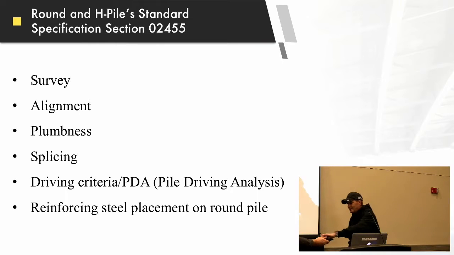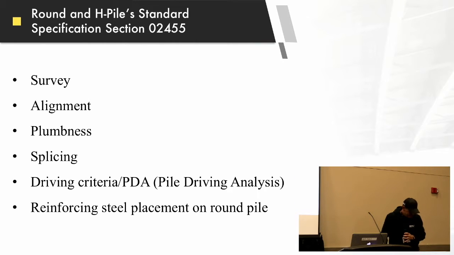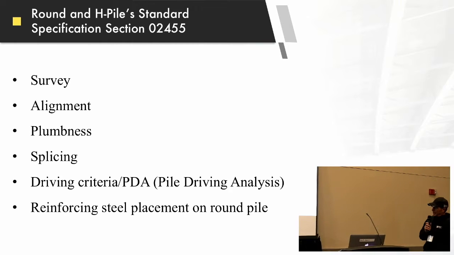Okay. So round piles, H piles, standard specification 2455. First thing you'll have is your survey. They should set you out offsets for your alignment. Then you're going to be checking your plumbness.